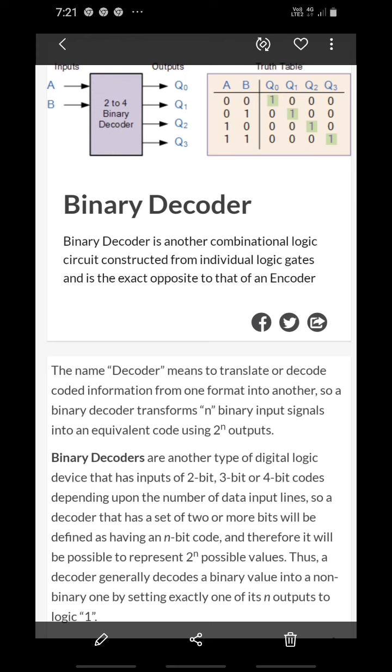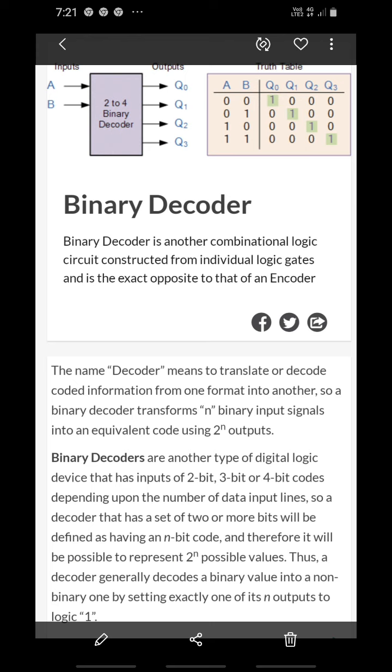Binary decoders are another type of digital logic device that has inputs of 2 bits, 3 bits, or 4 bit codes depending upon the number of data input lines.